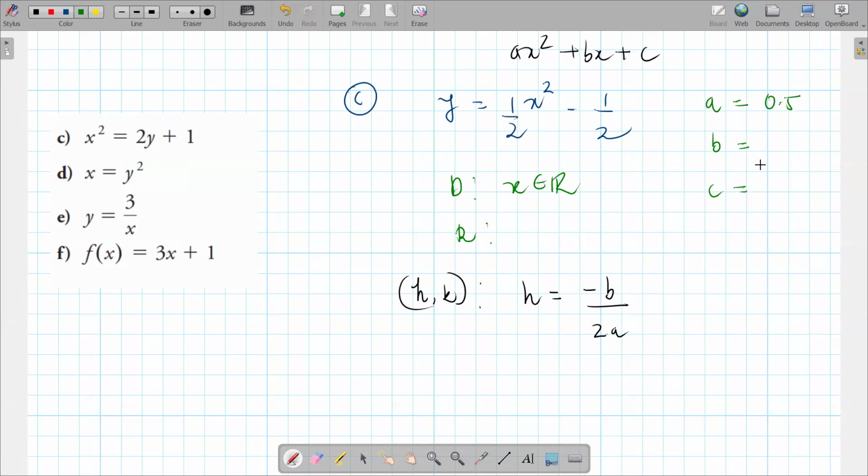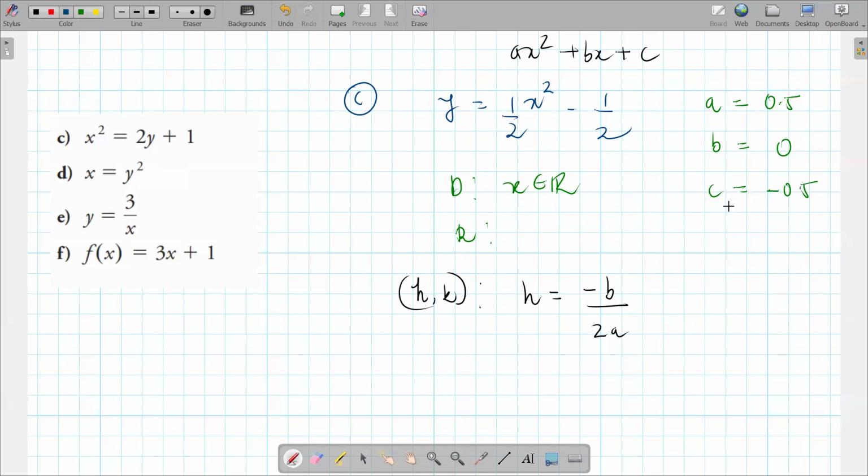What about b? B is the number attached to the x power 1 term. There isn't one. So what do you put b as? 0. C is also negative 0.5, right?